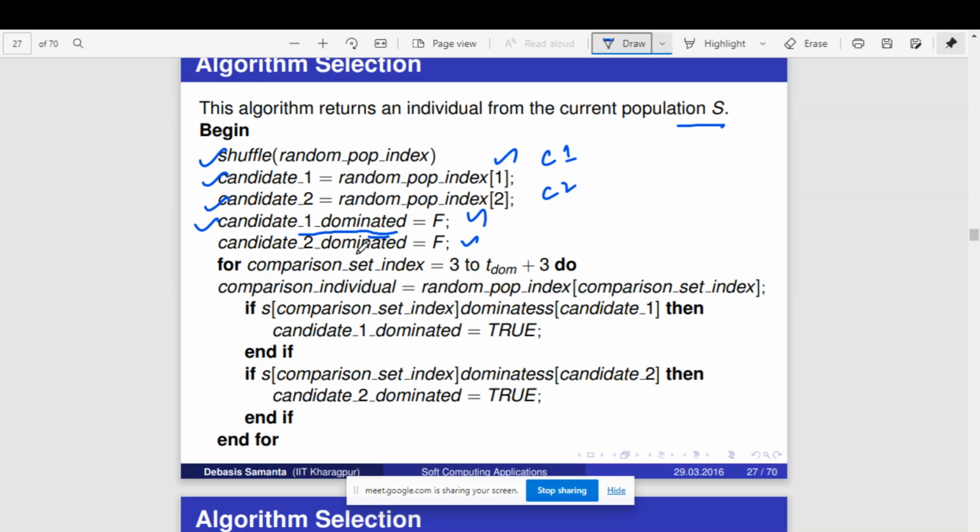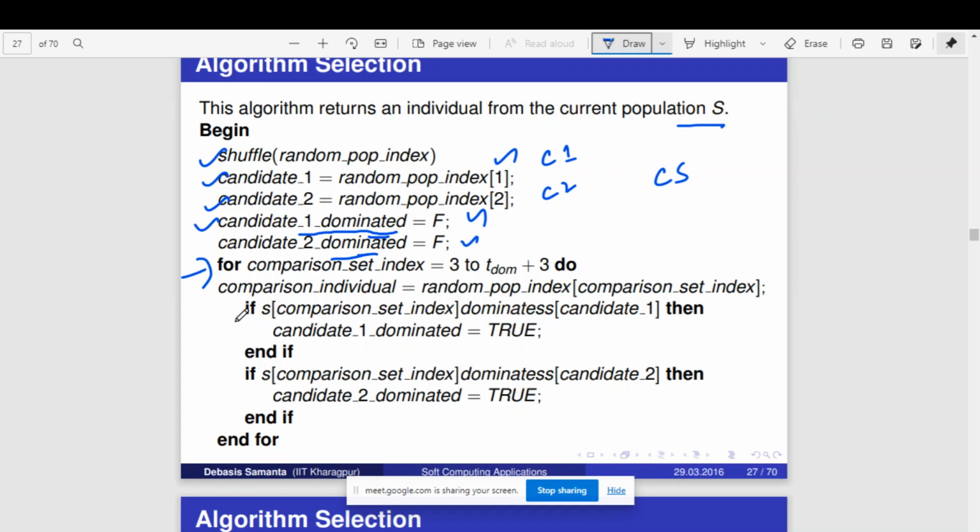Similarly, we are assuming that candidate 2 is not dominated by anybody. That is, none of the individuals in the comparison set is dominating either candidate 1 or candidate 2. But inside the for loop, it takes every individual from the comparison set and checks with candidate 1 and candidate 2 whether somebody is dominating candidate 1 or 2.